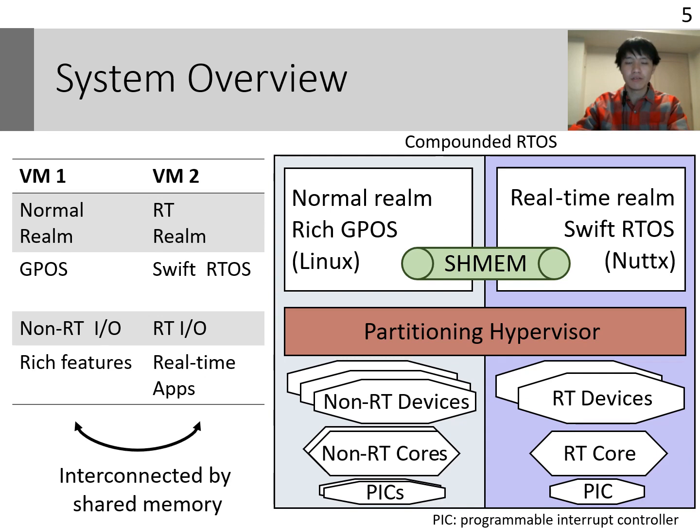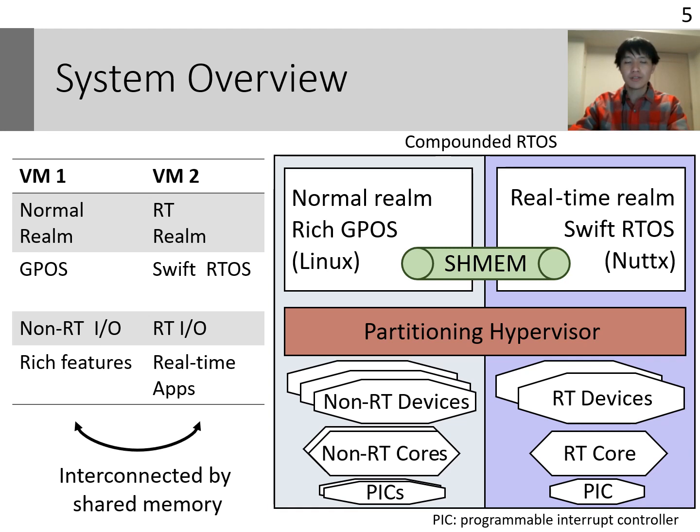The overview of our proposed system is like this. In our compound RTOS, there are two virtual machines running on the same machine with a hypervisor. The hypervisor creates a strong isolation between the two virtual machines to improve the real-time performance. Each virtual machine has its dedicated hardware resources, and the non-real-time devices are assigned to the first virtual machine, and real-time devices are assigned to the second virtual machine.